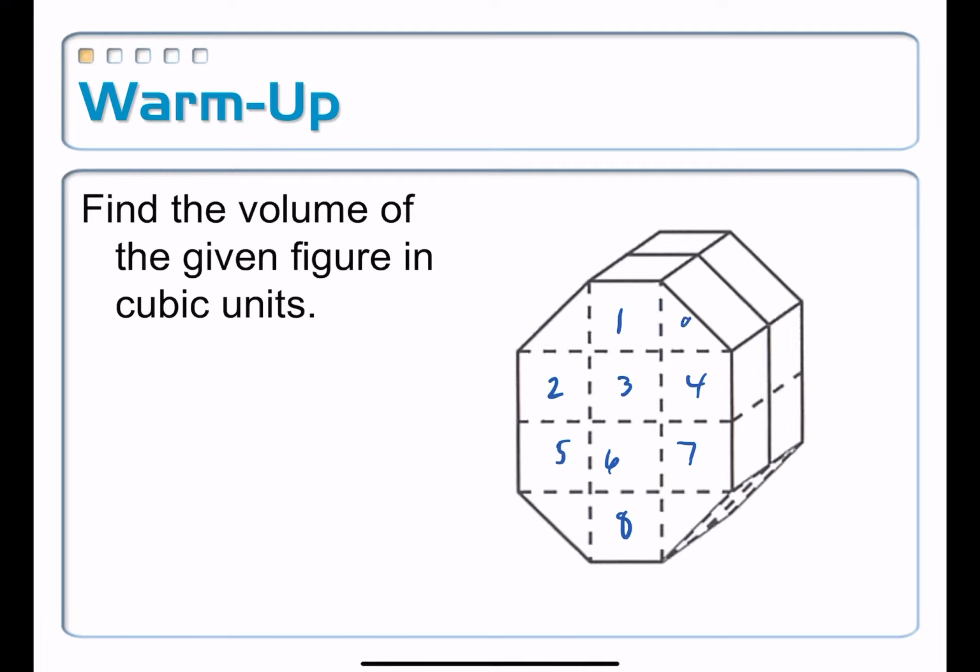So that would make 9. And then I'll do the same thing with this one down here. I'll put that together with this one to make 10. So in this top layer, there's 10, but I can obviously see there's 2 layers deep. So I'm just going to multiply that 10 times 2. I get 20. 20 cubic units.